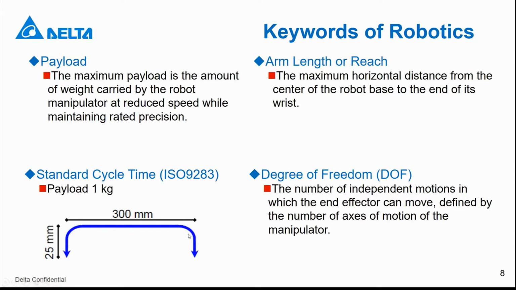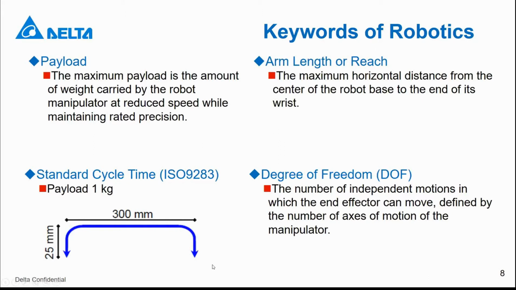And then the next one is standard cycle time. This is so important for a robot because when we use a robot, we usually want fast speed. So this is also a spec that tells us how fast the robot is. It is even standardized in ISO 9283, which defines a path: from the start, go vertically up 25 millimeters, move horizontally 300 millimeters, and then go down vertically by 25 millimeters again.